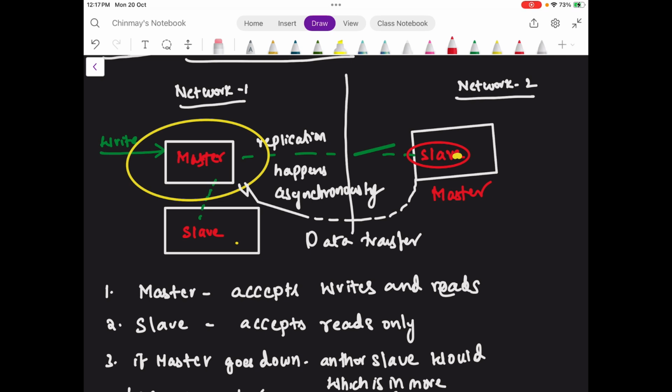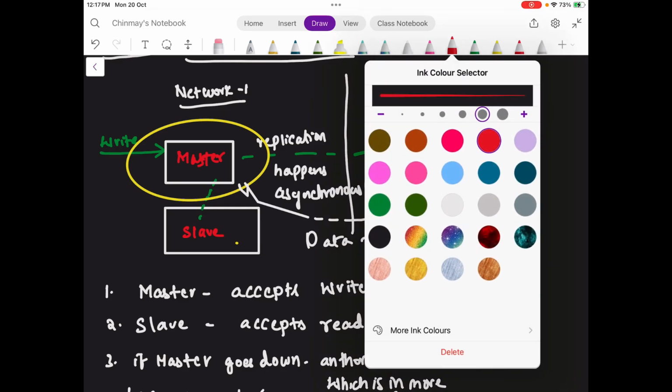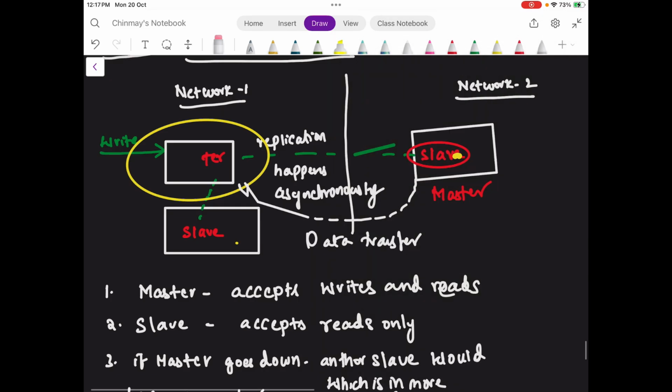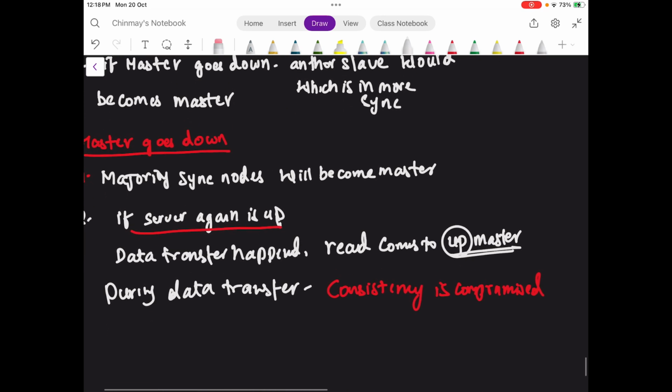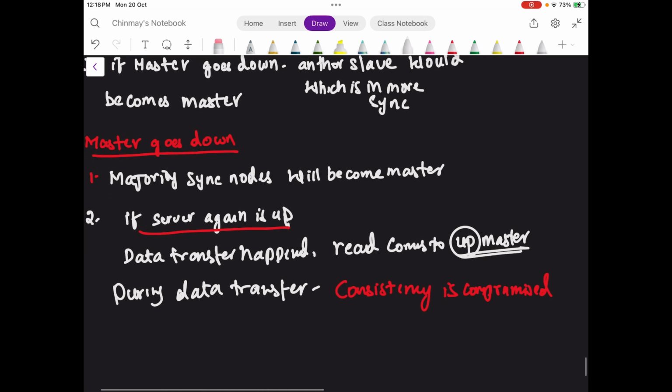The old master becomes a slave again when it comes up. If a read request comes to that slave during the data transfer, there is a chance of data inconsistency. That means consistency is compromised.